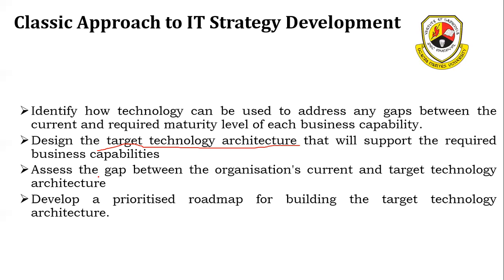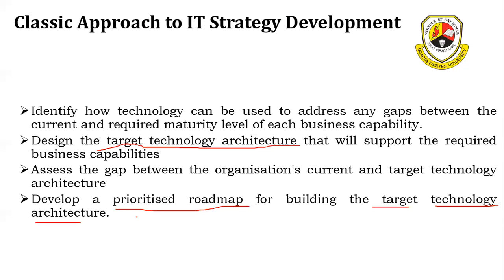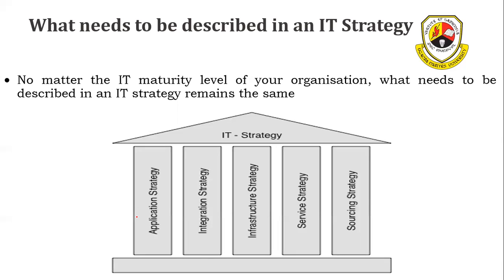And when we assess those gaps, that's when we realize what technology we need. What ICT do we need to select or implement? Then we prioritize the roadmap for building the desired targeted technology architecture. Now, I hope you begin to realize where we begin the process of ICT design, selection, and implementation.